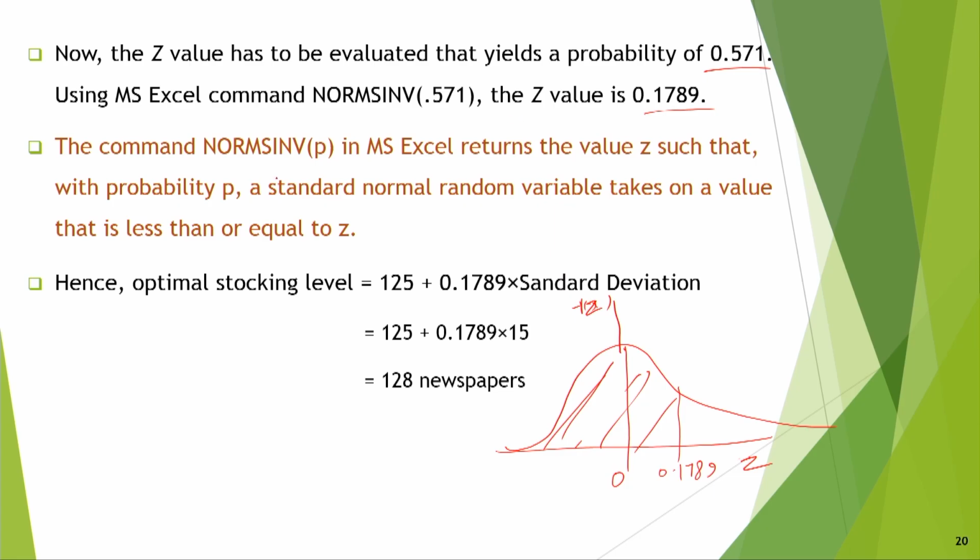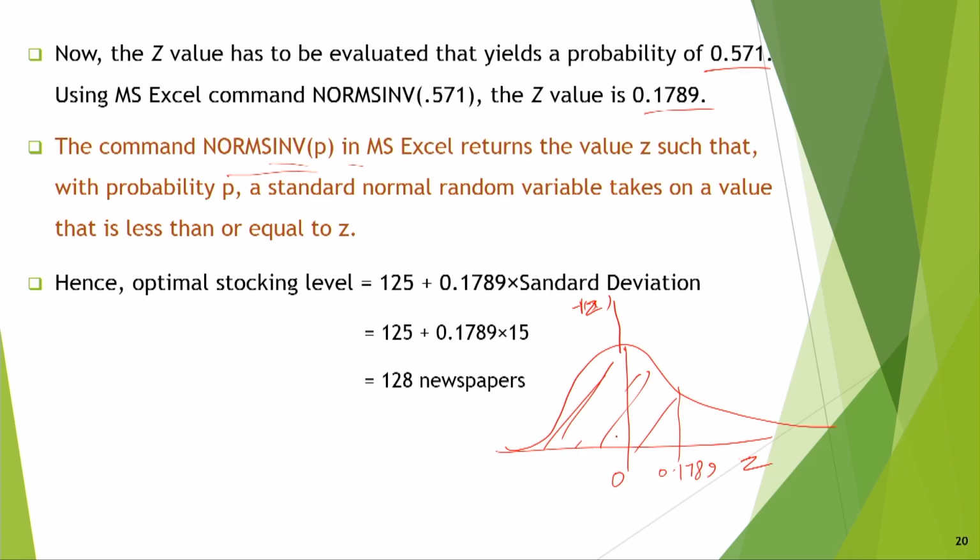That means, if we have probability, then we can find out Z, or if you have Z you can find out the probability. Both the commands are in Excel. So, NORM.S.INV we used and I got Z equal to this much.